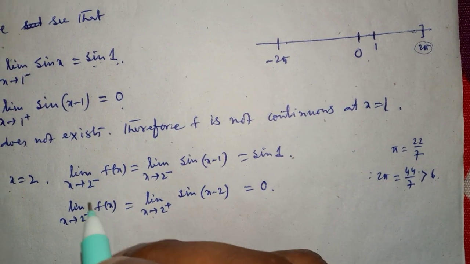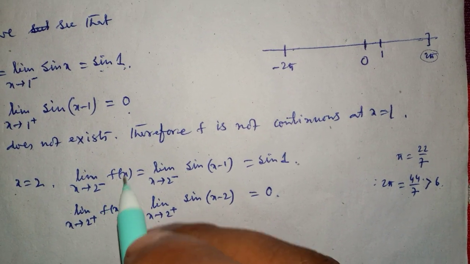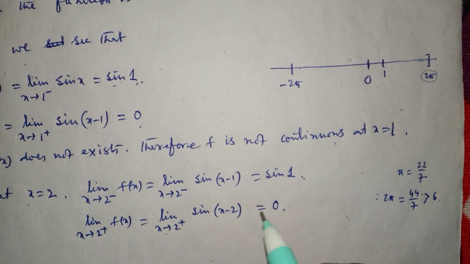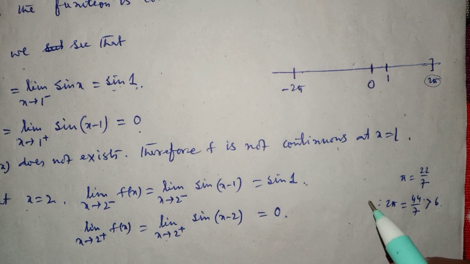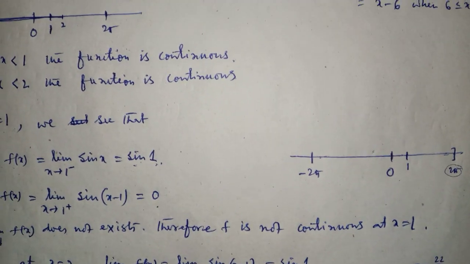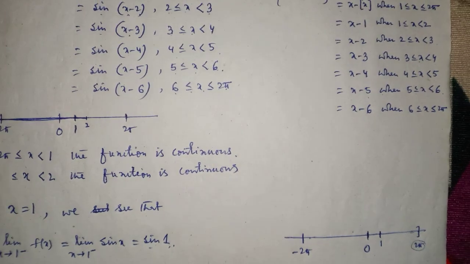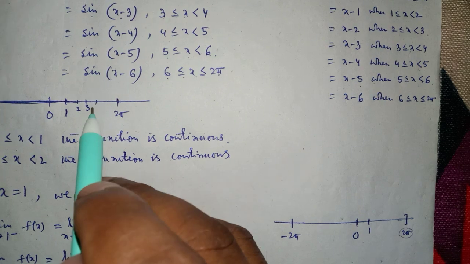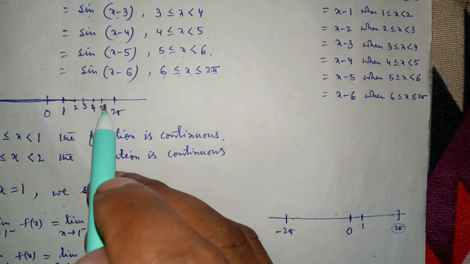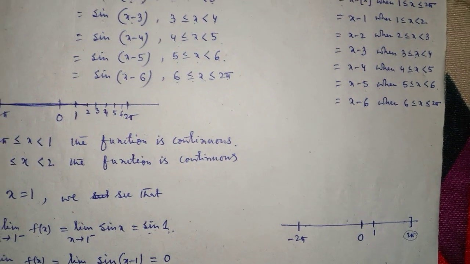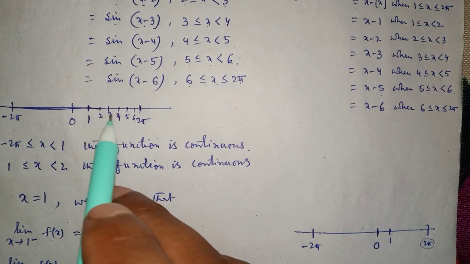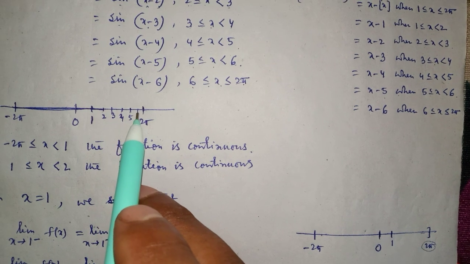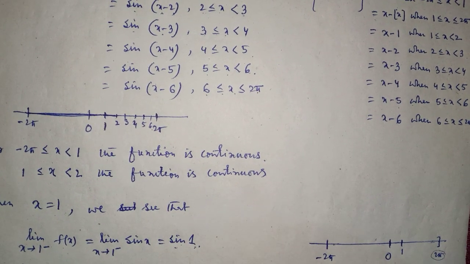Therefore at the point x equal to 2, limit x tends to 2 f of x does not exist. Therefore f is not continuous at x equal to 2. Similarly, at the points x equal to 3, x equal to 4, x equal to 5 and x equal to 6. Therefore there are 6 integers, 1, 2, 3, 4, 5 and 6, where f is not continuous.